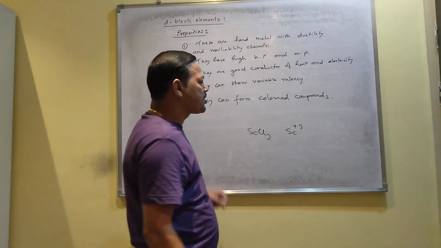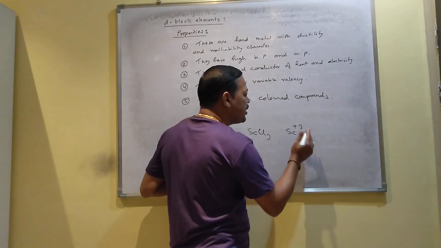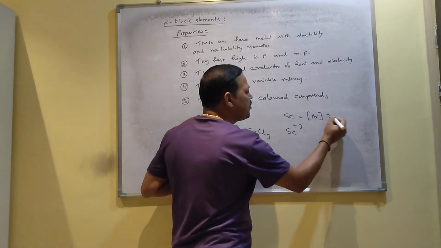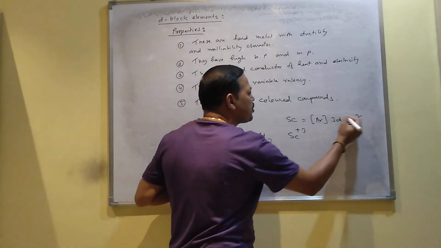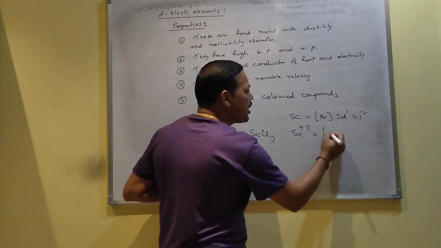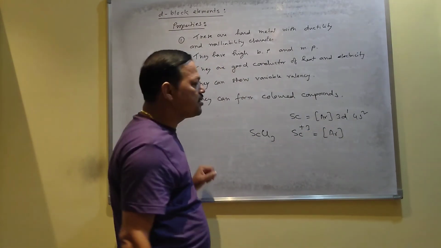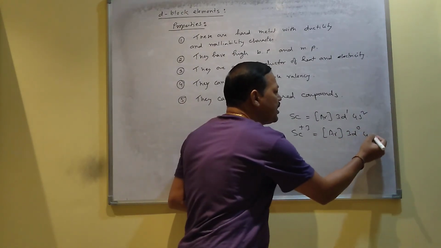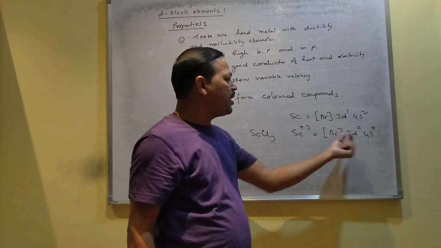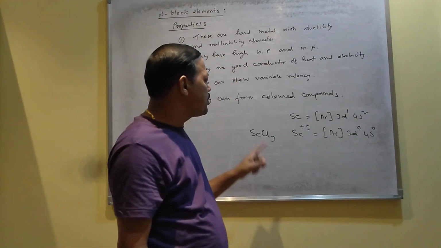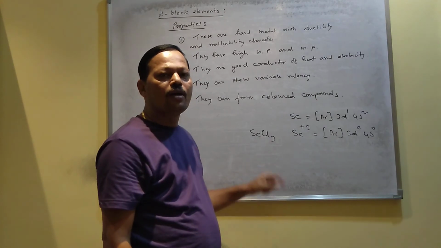When scandium is neutral, the configuration is argon 4s2 3d1. Scandium 3 plus means it releases 3 electrons, so the configuration becomes only argon. There is no d electron. D is totally vacant, and due to the vacant d, it becomes colorless. dd electronic transition is not possible. That's why this compound is colorless.